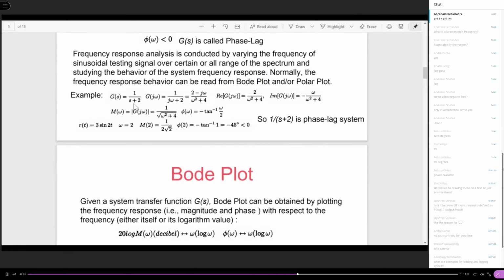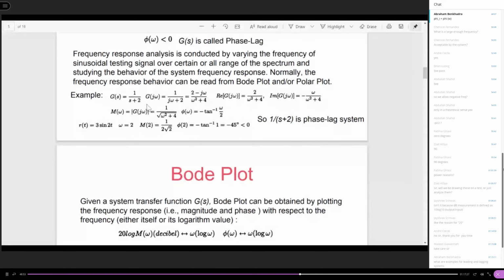For this specific system, when you start from omega equal to 0, the magnitude is equal to 1 over 2, which is 0.5. Apparently, we can conclude that at frequency equal to 0, the magnitude is the highest.